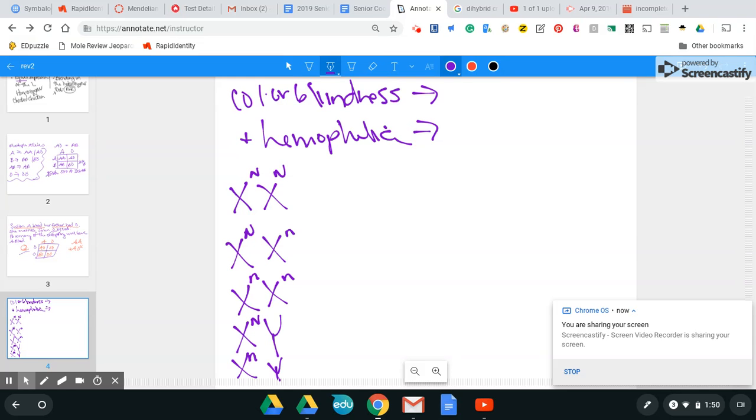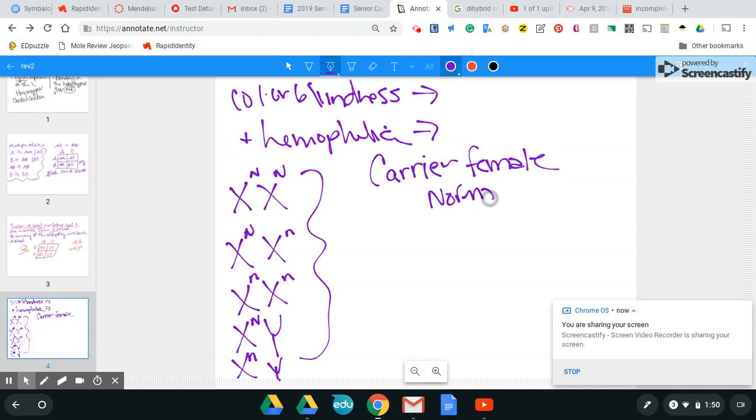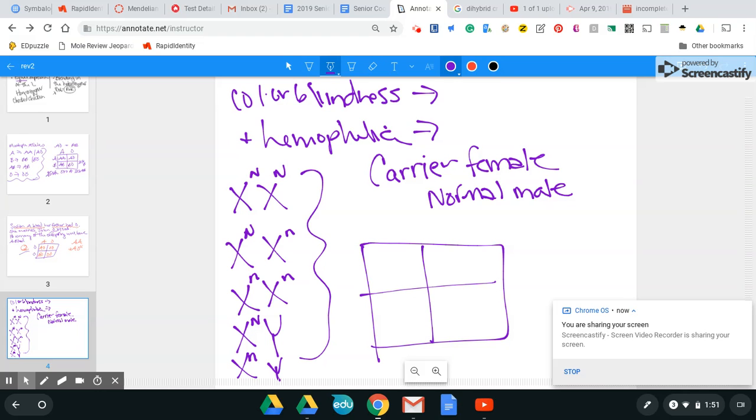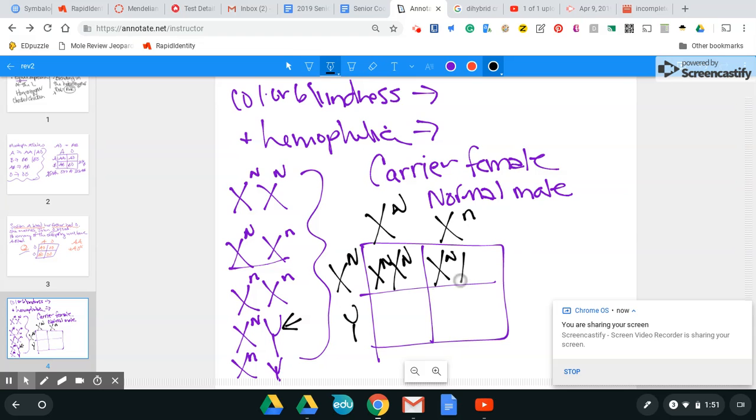So let's cross, and this again is something you've got to memorize. It's not going to be given to you. So let's cross a carrier female with a normal male. All right, so when I do that, here's my carrier female, X big N, X little n, and here's my normal male, X big N, Y. So here's the thing.